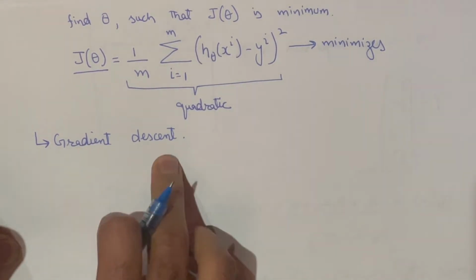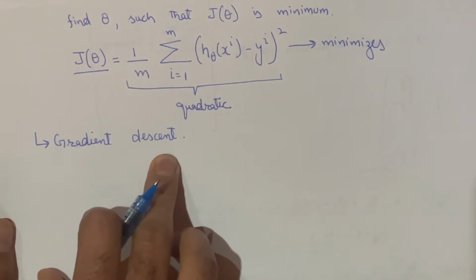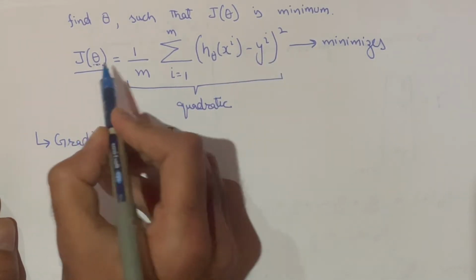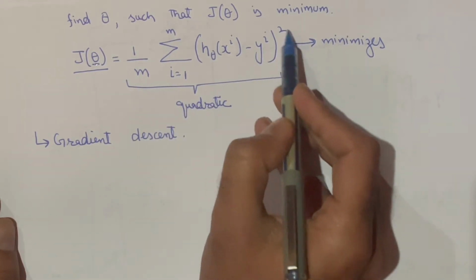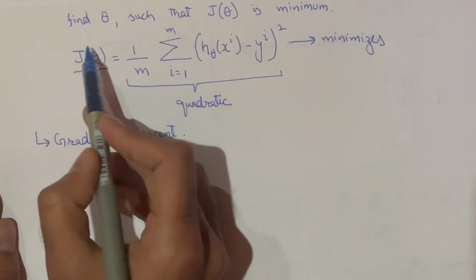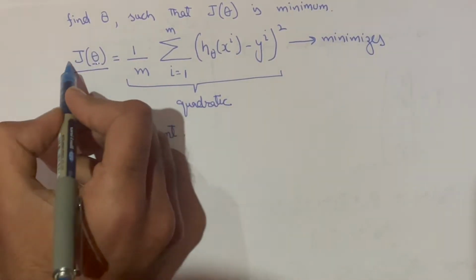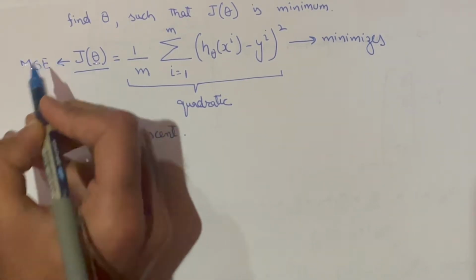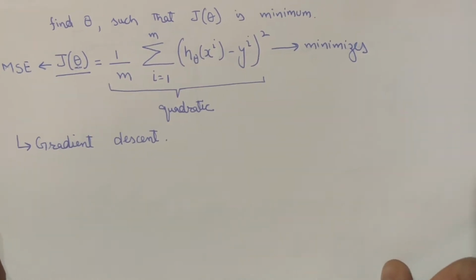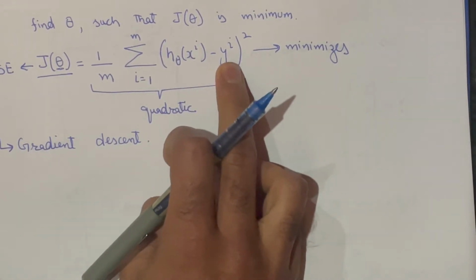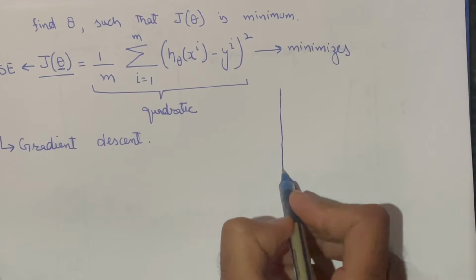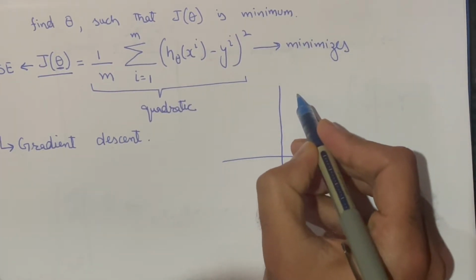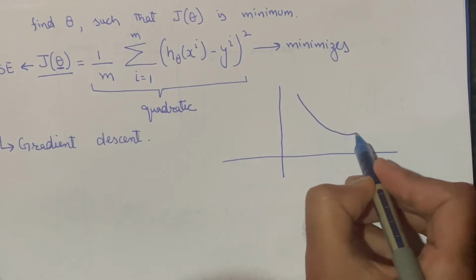Gradient descent is an optimization algorithm that is used to find the optimal value of theta that minimizes this cost, or we can also say that minimizes the mean square error. Now, as I said, this is a quadratic function, so the graph of a quadratic function is like this.